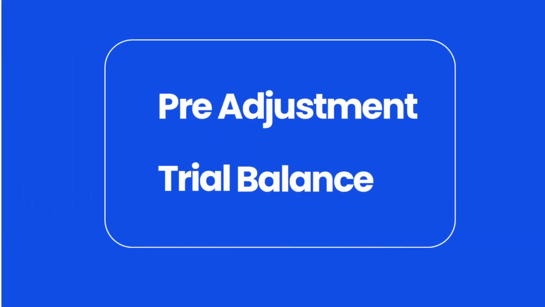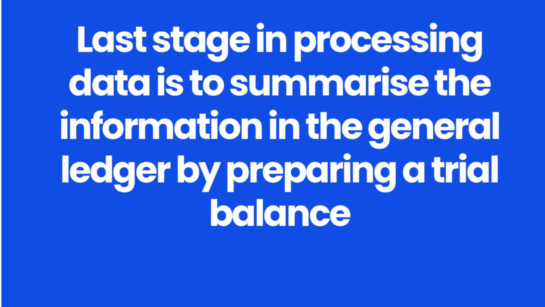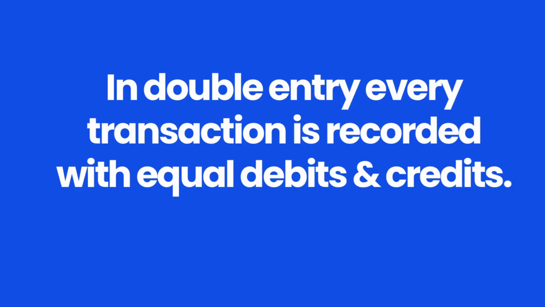The next step is to prepare the pre-adjustment trial balance. The last stage in processing data is to summarize the information in the general ledger by preparing a trial balance. In double entry, every transaction is recorded with equal debits and credits.